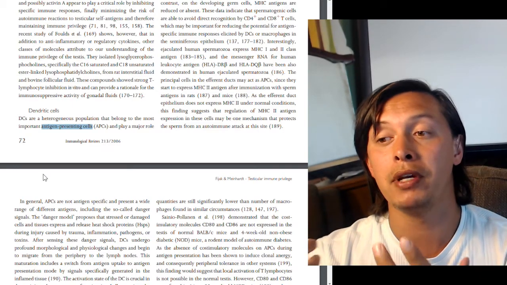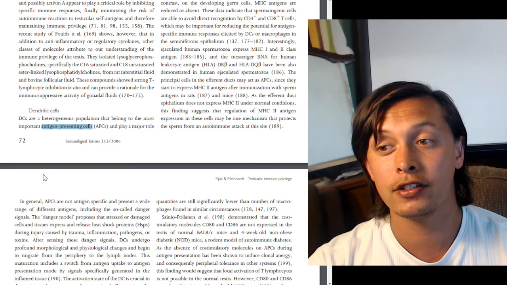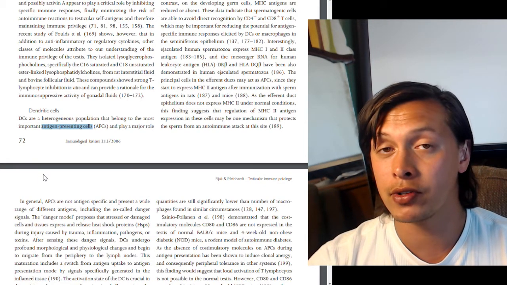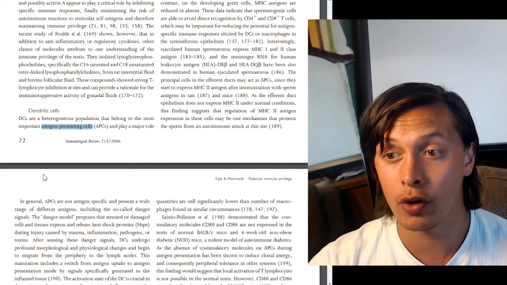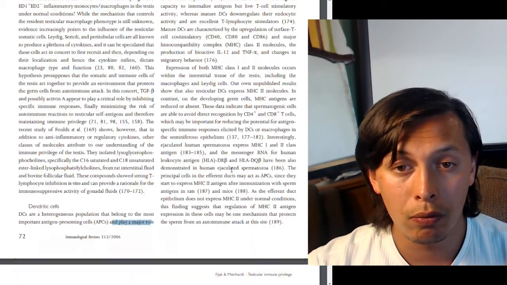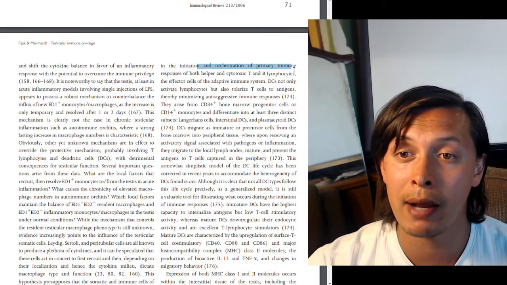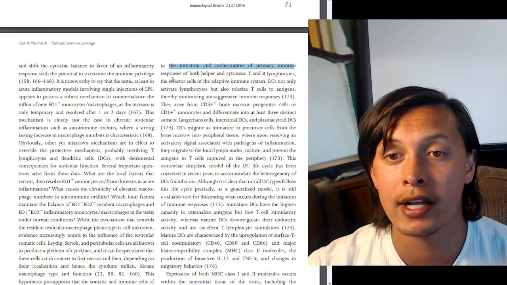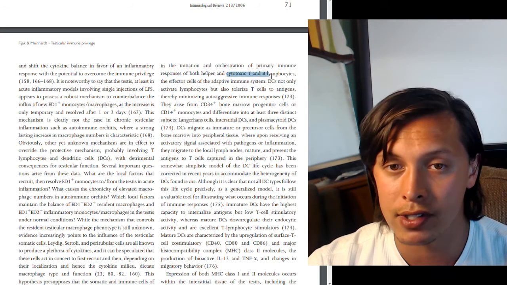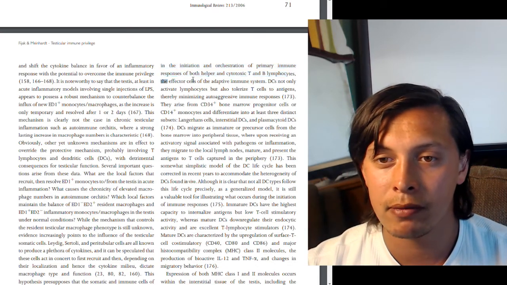And this would be a way to determine if an immune cell should survive or not, right? And they play a major role in the initiation and orchestration of primary immune response of both the helper and cytotoxic T and B lymphocytes, the effector cells of the adaptive immune system.